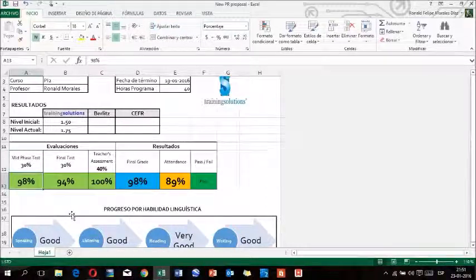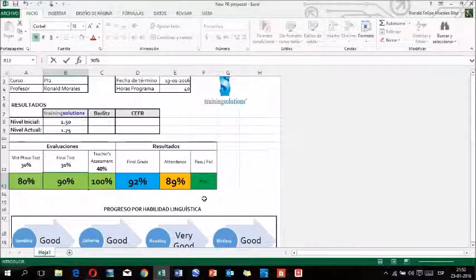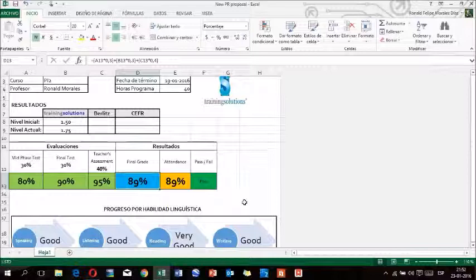Let's imagine that she got an 80% in the midterm. You can see that this automatically figures out or adds up the finals. For example, if she got a 90 in the final test and I have an evaluation of 95, she would have gotten an 89%, and this is something that is automatically adapted.